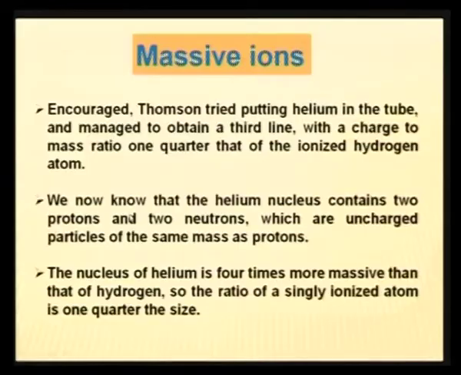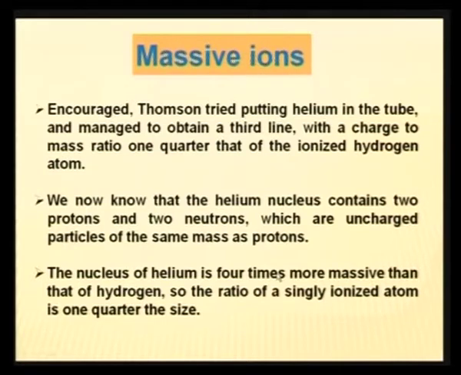Mass number refers to the masses of neutrons and the masses of the protons. Those ideas came into the picture after the work of Thomson and Bainbridge. Now we know that the helium nucleus contains 2 protons and 2 neutrons, which are uncharged particles. Of course, neutrons are uncharged. That is the reason why you got 4 here.